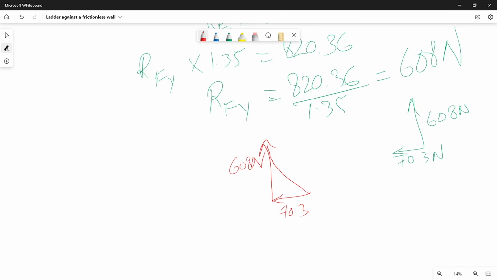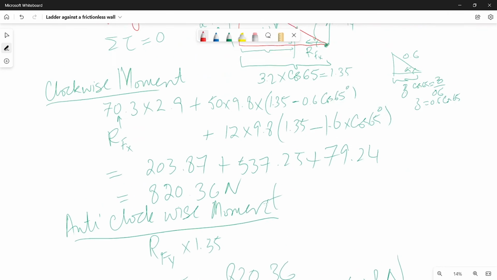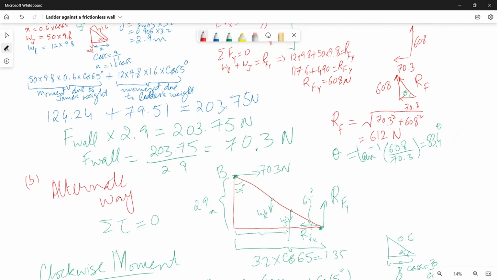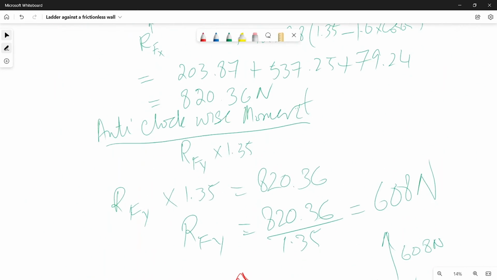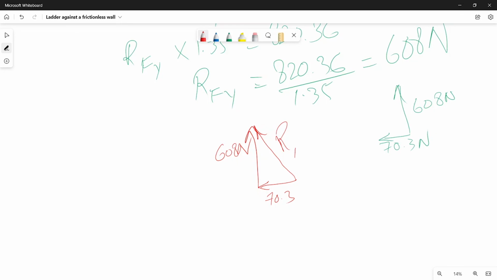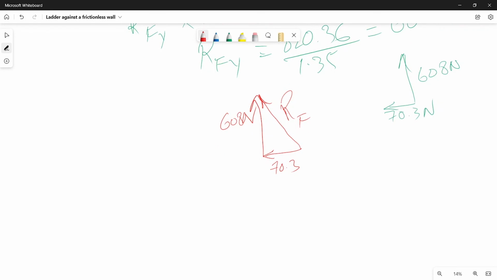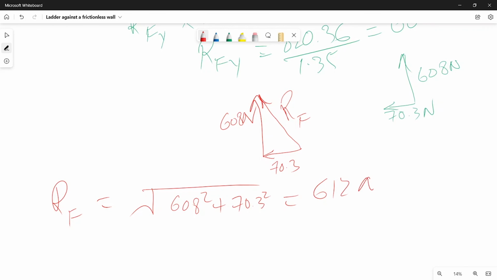And this is our resultant, which in the previous step we called RF, reaction from the floor. By Pythagoras theorem, RF is equal to the square root of 608 squared plus 70.3 squared, and this comes out to be 612 Newton.